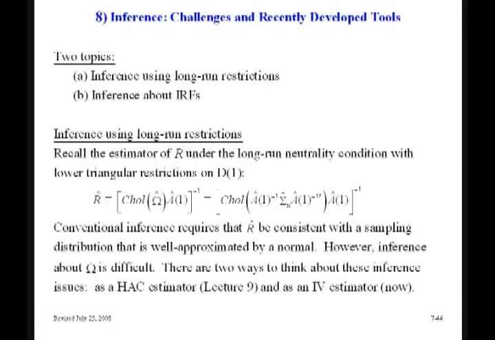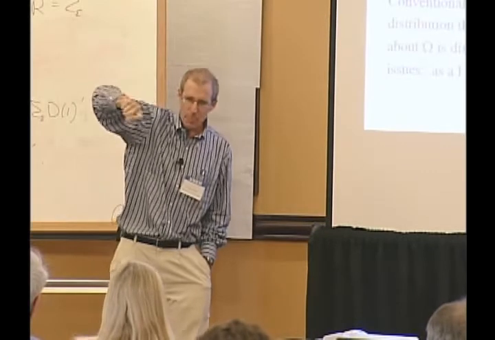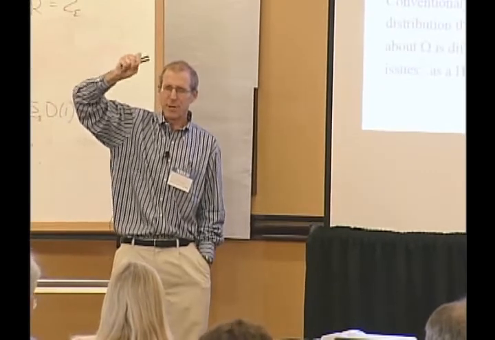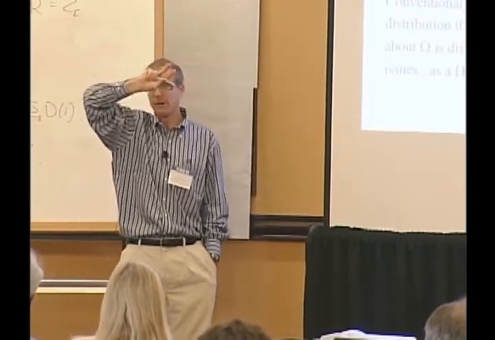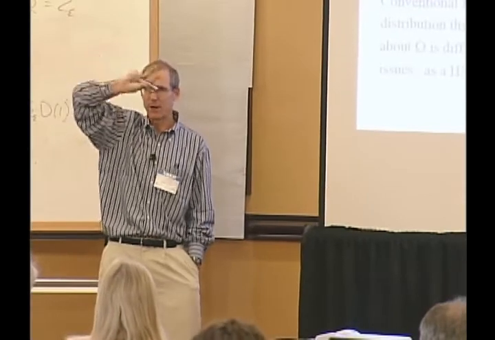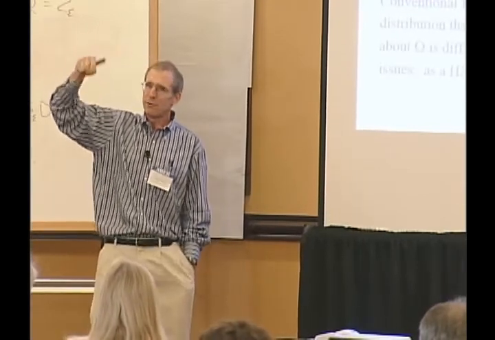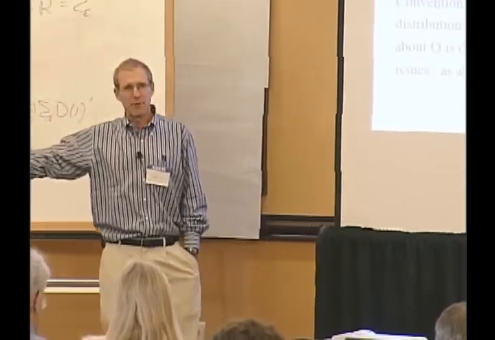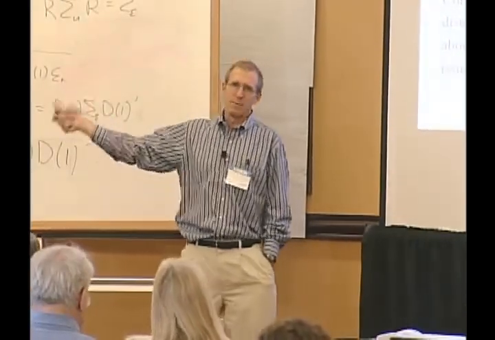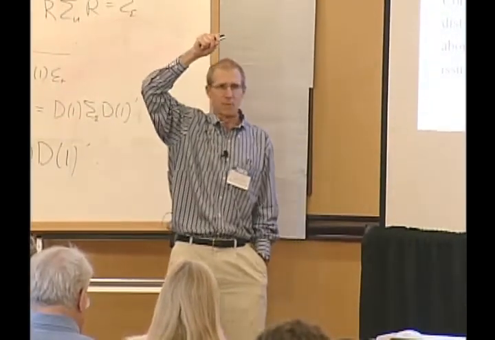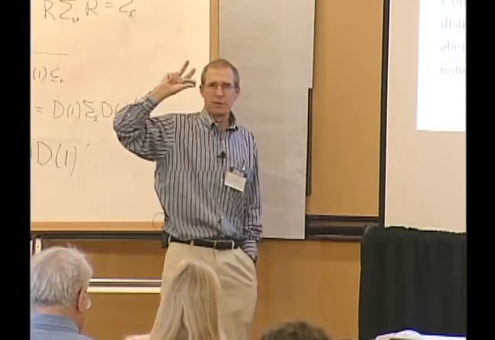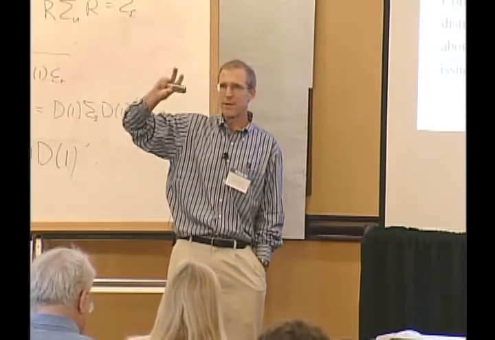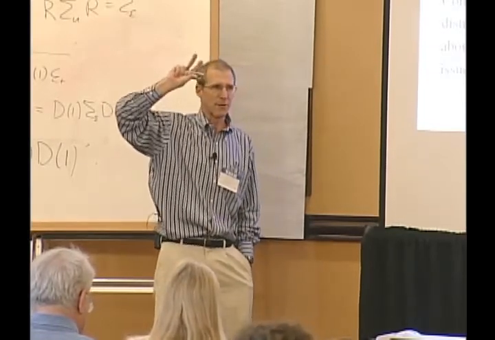Just for the sake of argument, suppose we have some reason to believe there's a Cholesky factorization of the long-run impulse response matrix. I'm just taking that at face value. In the 2x2 case, it just says, as in Blanchard-Quah, that aggregate demand doesn't have a long-run effect on one of the variables. I'm not going to argue with the economics of it. I'm just going to look at the econometrics.